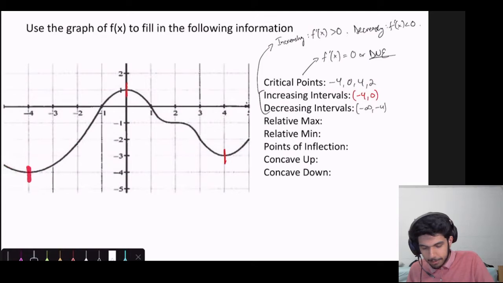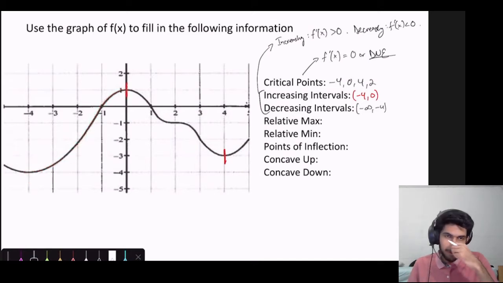However, from -4 to 0, I can't start at the bottom and then ski upwards. That would be a feat of physics if I could. So yeah, think about skiing. That'll help.